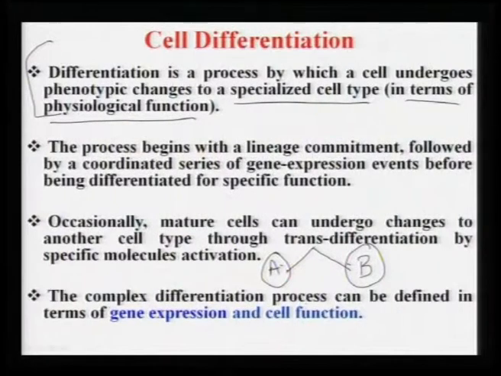Simply because their DNA structure, their gene structures are different, and the efficiency of both genes is also different. The process begins with a lineage commitment. What is lineage commitment? I will come back to it later. It is followed by a coordinated series of gene expression events before being differentiated for a specific function.